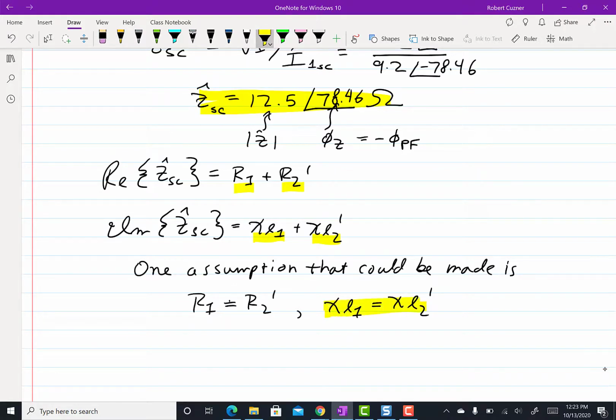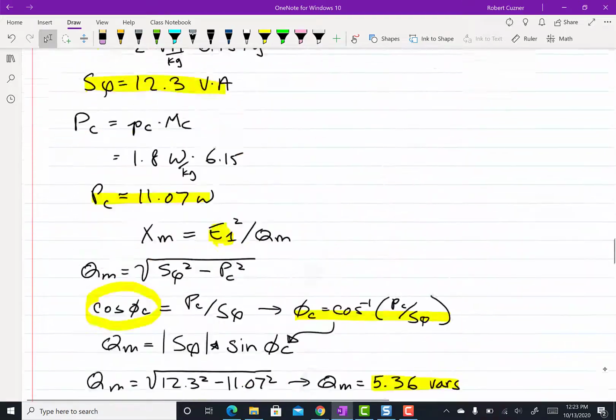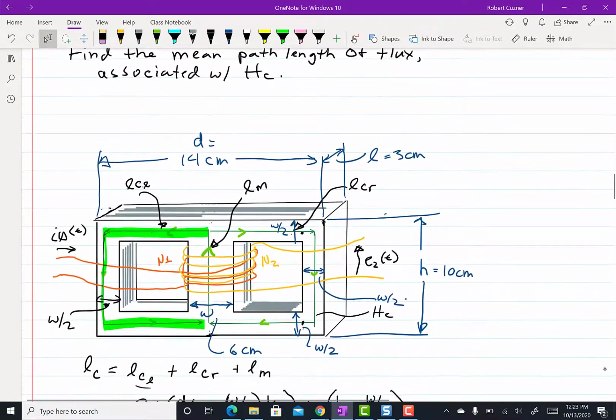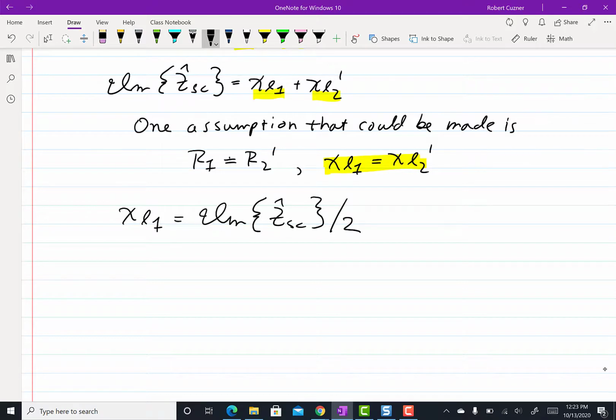It's actually quite reasonable to make this assumption. We could go through and prove that to ourselves if we have a pretty symmetrical looking coil structure, which we do. If you recall, we're still talking about this particular structure right here. So if this is true, XL1 is equal to the imaginary part of the short circuit impedance divided by 2.